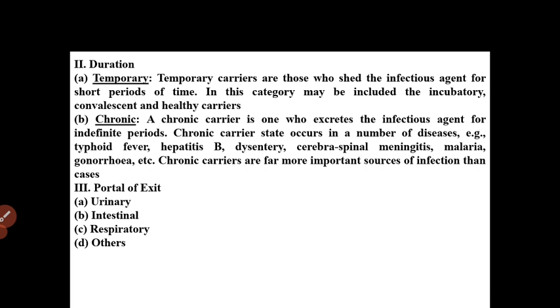Example, typhoid fever, hepatitis B, dysentery, cerebrospinal meningitis, malaria, gonorrhea, etc. These carriers are a far more important source of infection than cases. Okay. Third, portal of exit. What are the exit portals? It is urinary, intestinal, respiratory, and some others. Okay.